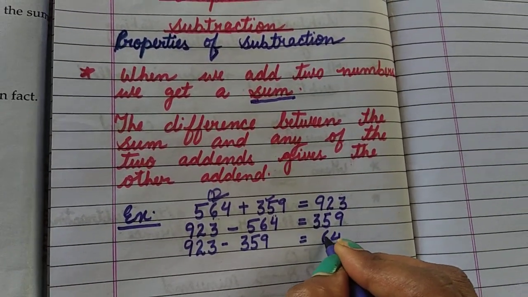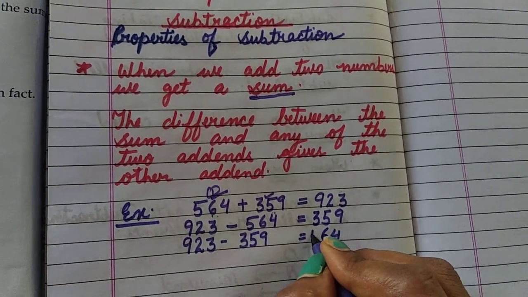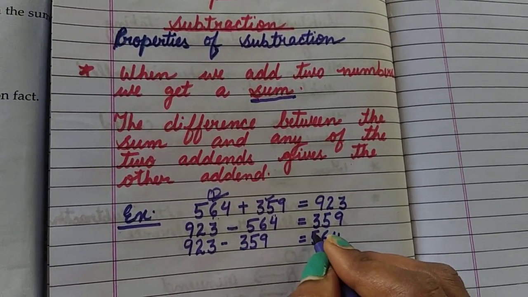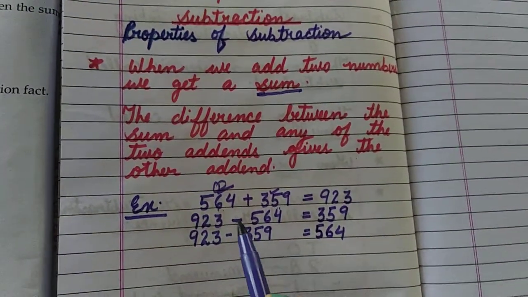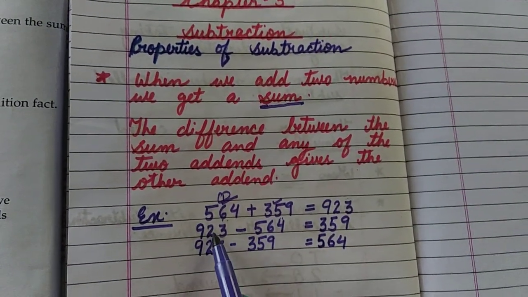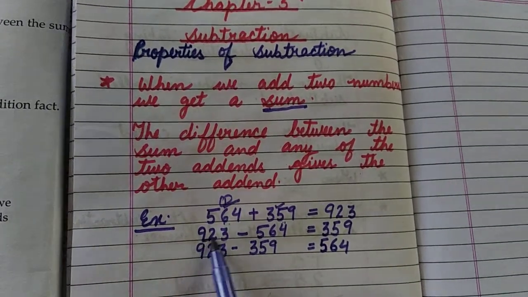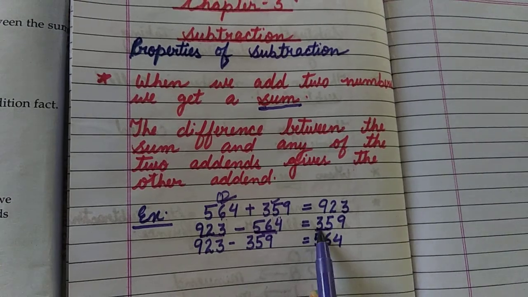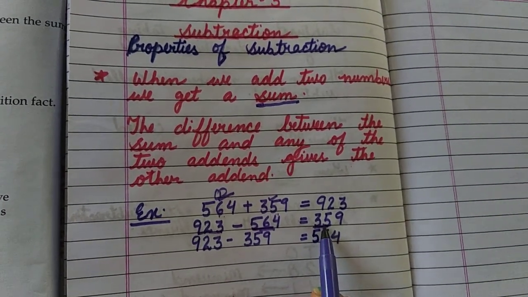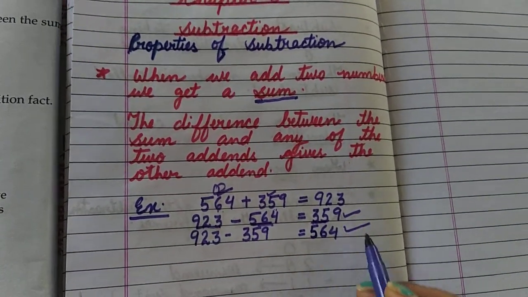Very good. 6 and then here 5. Yes, children, do the calculation. So you see the difference between the sum and any one of the addends gives the other addend. Okay, these two examples.